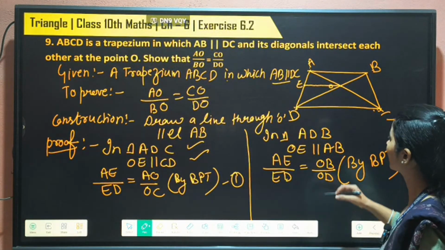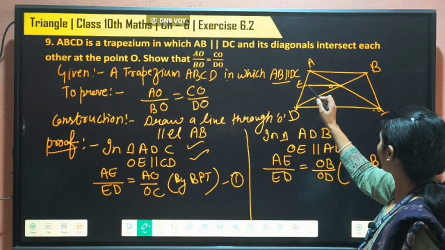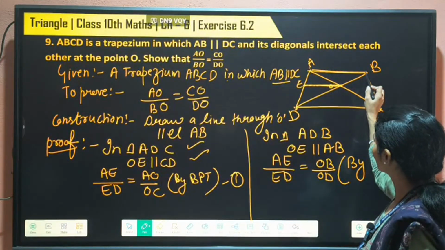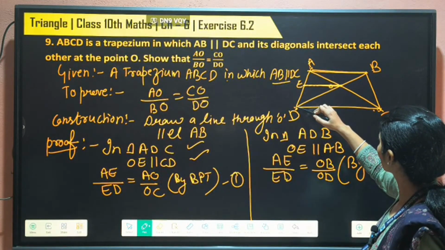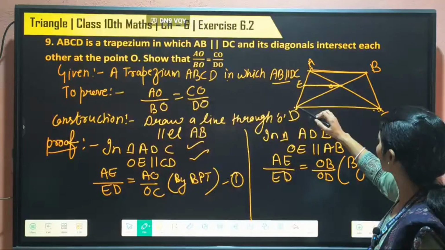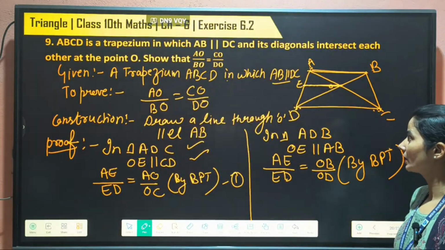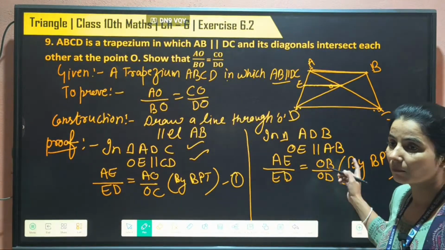This OE is parallel to AB, then AE by ED ratio is equals to OB by OD. Corresponding sides ratio will be equal. This is by BPT theorem.